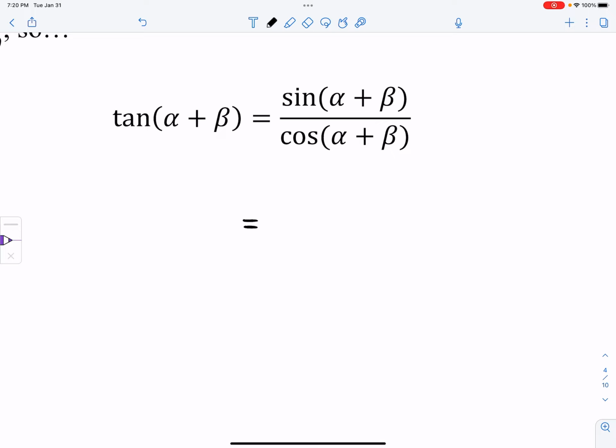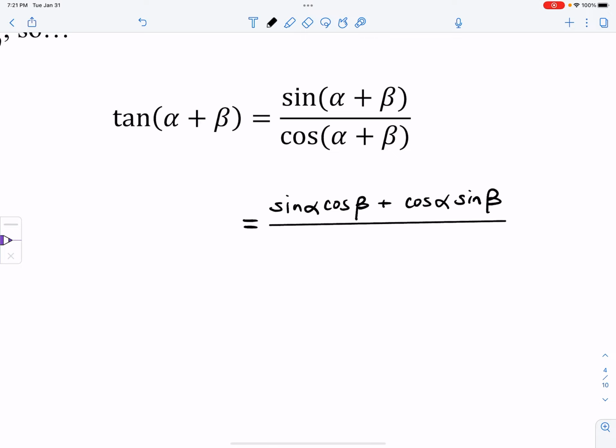So sine is going to be sine alpha cosine beta plus cosine alpha sine beta. And then cosine of alpha plus beta will be cosine alpha, cosine beta, minus sine alpha, sine beta.